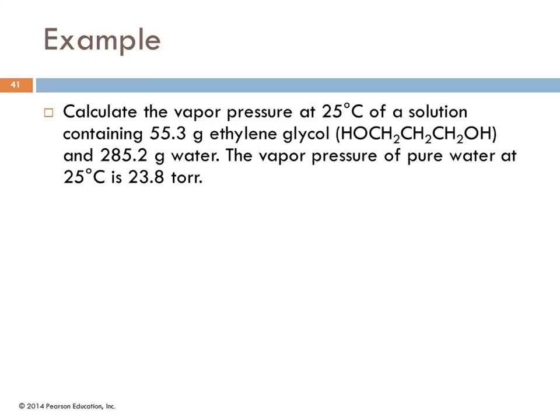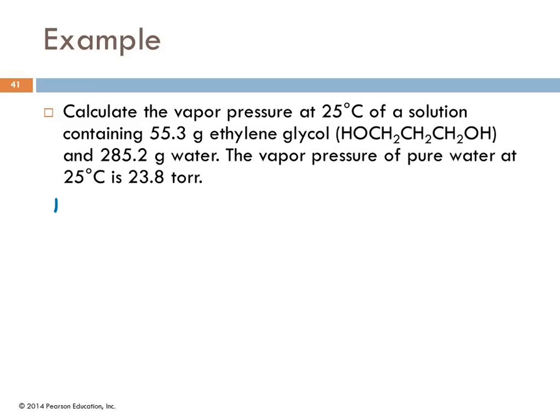Okay, calculate the vapor pressure at 25 degrees Celsius of a solution containing 55.3 grams ethylene glycol and 285.2 grams of water. The vapor pressure of pure water at 25 degrees Celsius is 23.8 torr. So calculate the vapor pressure. Well, we need the equation for vapor pressure of a solution, right?